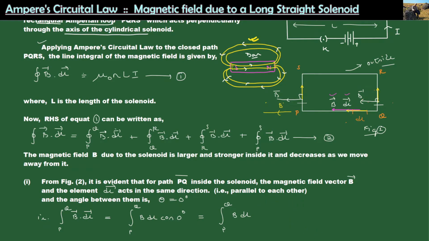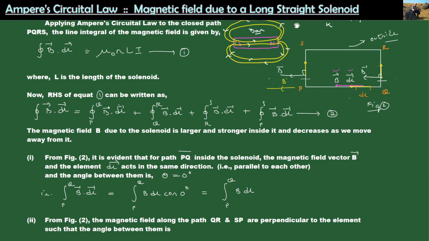And from here, if you look with respect to this diagram, the contribution from the arm QR and from the arm SP or PS: the magnetic field and the element are perpendicular to each other.